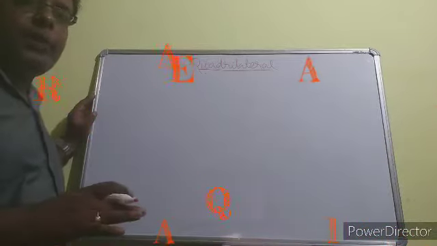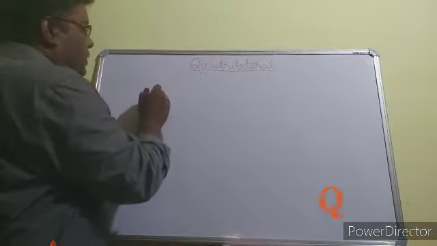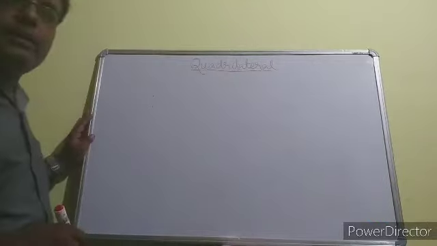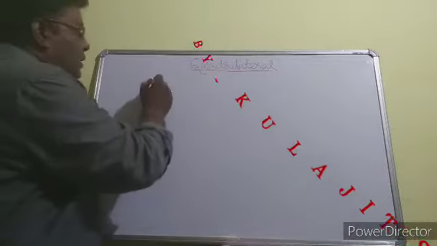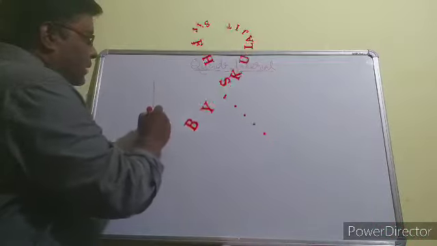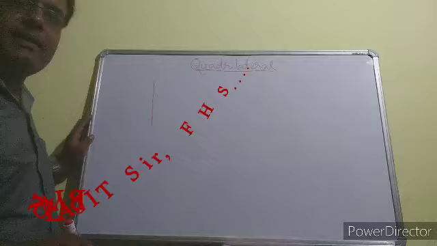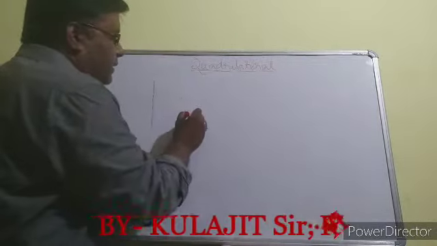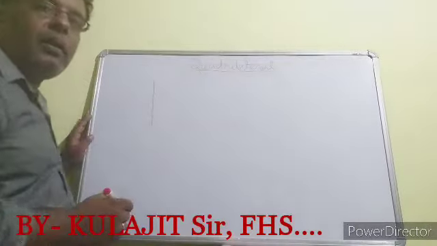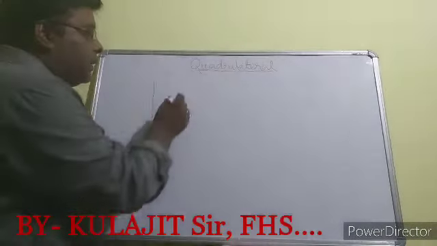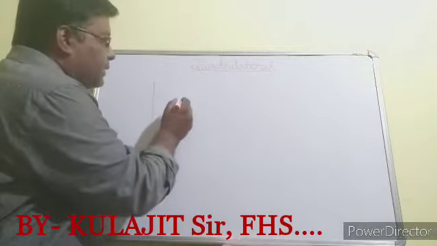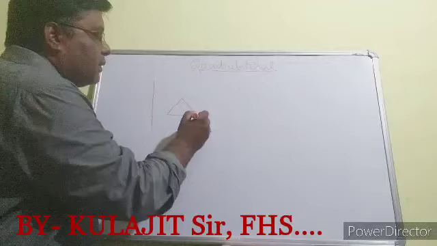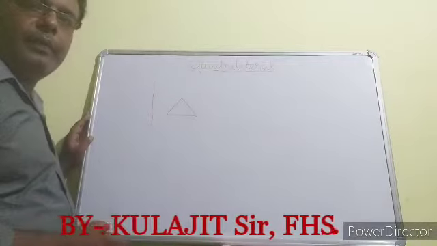Now, suppose we have 3 collinear points, that is, lying on the same line, and if we join these 4 points, then we get a straight line. Now, if we have 4 points like this, that is, 3 points are on the same line, collinear, and one is not collinear, then if we join, we get a triangle.